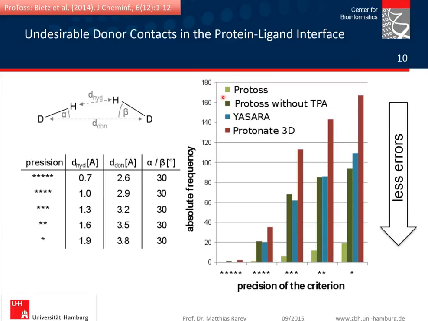I just want to point your attention to the two Protoss versions here, where you see this dramatic drop in the number of donor-donor contacts, which results mostly from the consideration of this tautomeric form. The first version we had was not able to consider this. Now, when we are able to really handle tautomerism in the ligand molecules, we can resolve all these problems.